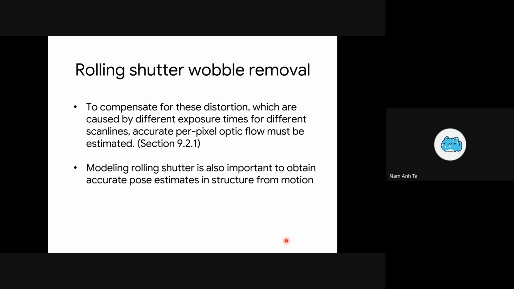So to compensate for this distortion caused by varying exposure times across scan lines, we must estimate precise per-pixel optical flow. Establishing a robust rolling shutter model is also critical for achieving accurate pose estimation from the motion.